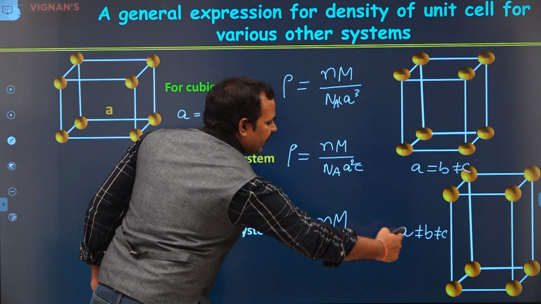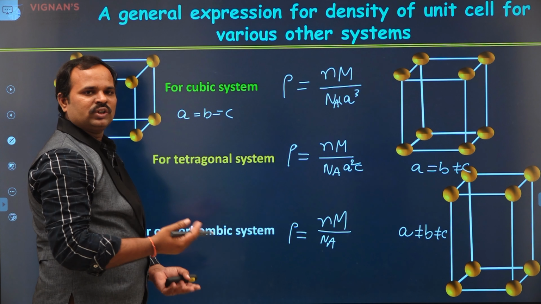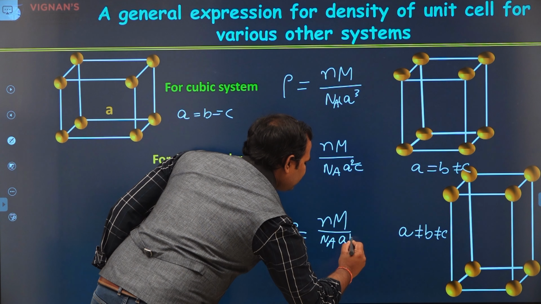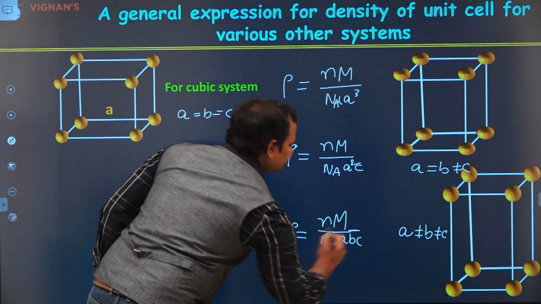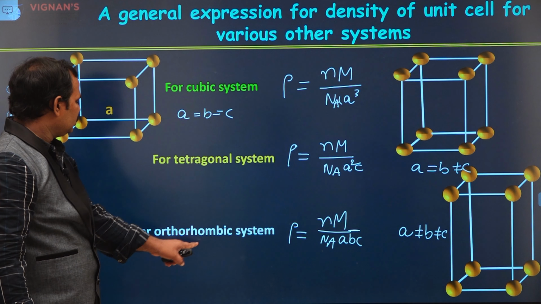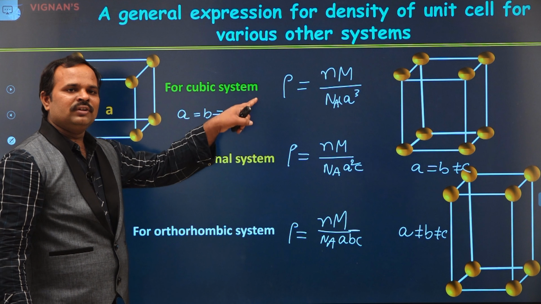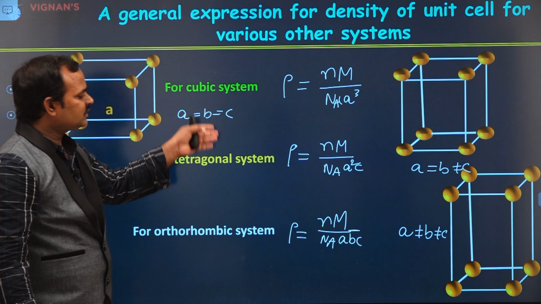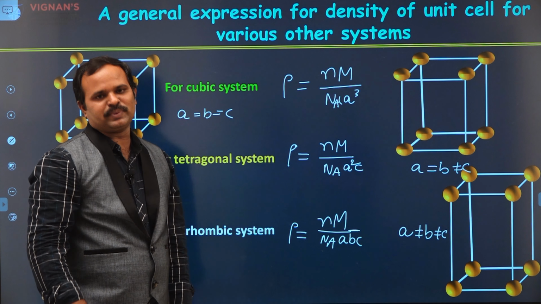Here A is not equal to B not equal to C, so the volume of the orthorhombic system is simply A, B, C. In this way we can have the relationship between the density of the different systems and their lattice parameters.